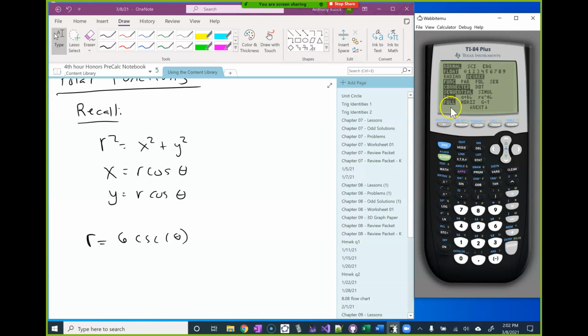To graph a polar function on our calculator, we need to change our mode from function or parametric mode, which is likely where your calculator was, into polar mode. So I'm going to go ahead and change that. I'm going to put this back into radian mode, because if we're graphing, I'd rather go from negative 2 pi to positive 2 pi than from negative 360 to positive 360.